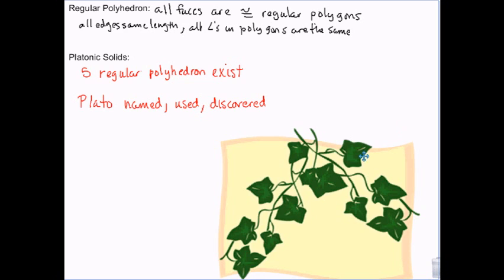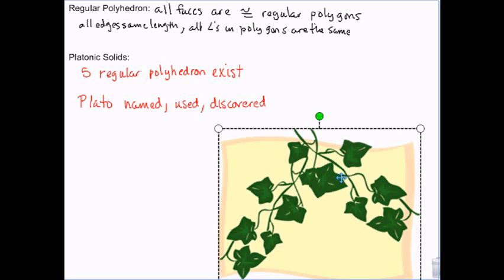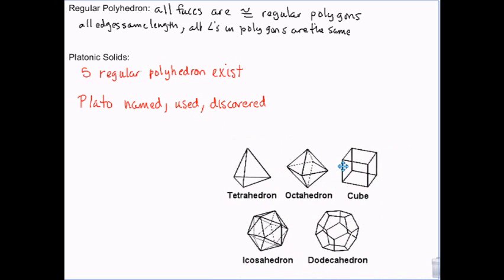Okay. And this is them. And their names. So you have the tetrahedron, which has 4 faces and they're equilateral triangles.